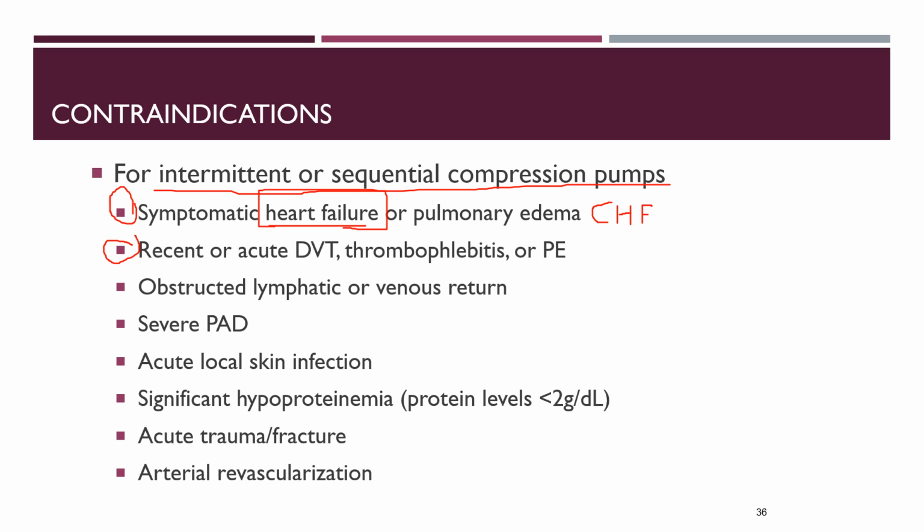So we're going to use compressive therapy to help prevent DVT from forming, but if there is a recent DVT or an acute DVT, we're going to treat this as a contraindication. Remember what thrombophlebitis is. That is not exactly a DVT, but phlebitis is something that is the leading cause of PVD, which can lead to DVT formation. And if they have pulmonary embolism, we're going to say no for that one as well.